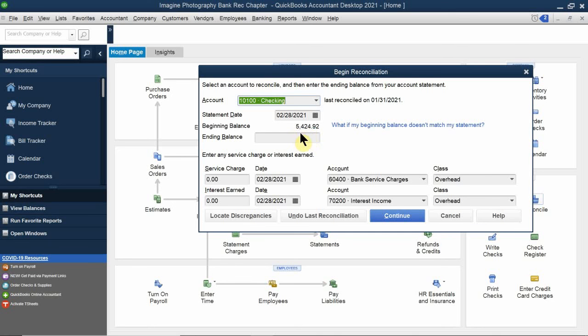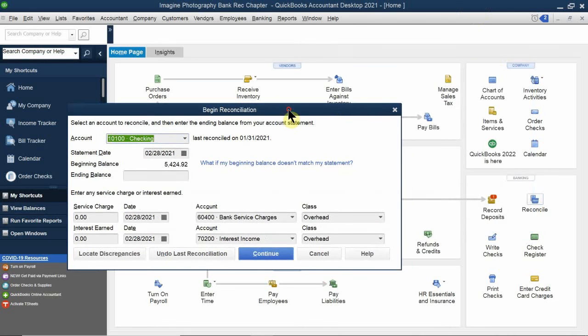Now it's going to begin with the $5,424.92, like we mentioned. But for any reason you need to undo that reconciliation, you may do so. However, you definitely want to be very careful, because by undoing the reconciliation, you can mess up your bank account if you do not know what you're doing.